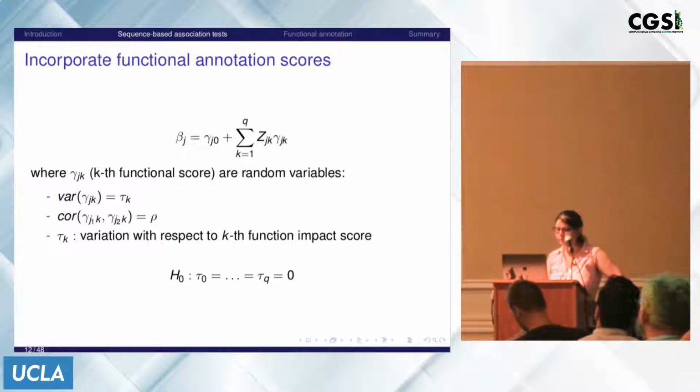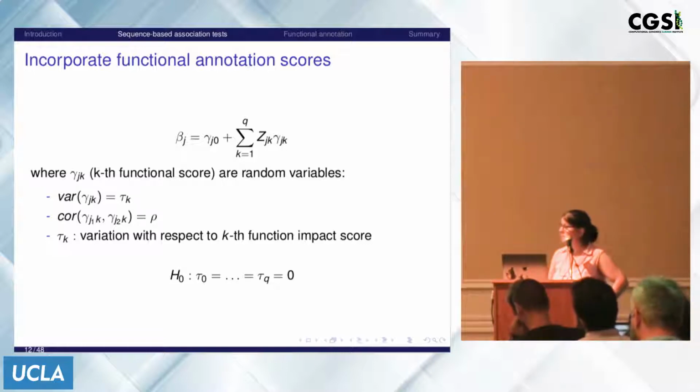What we are going to do is partition the genetic effect beta J into different components corresponding to these different functional scores. We write beta J as gamma J0 plus the sum over Q functional scores, ZJK, the functional score K for the J-th variant, times gamma JK.